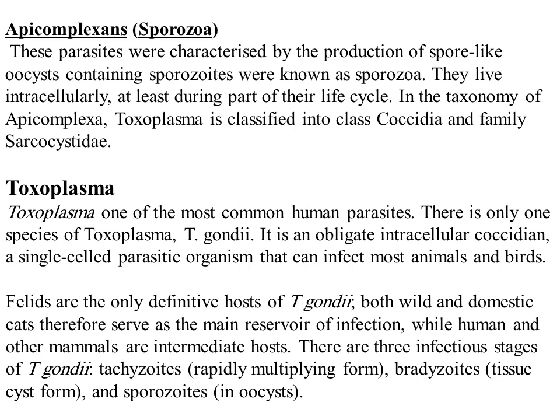There are three infectious stages of Toxoplasma gondii: tachyzoite, the rapidly multiplying form; bradyzoite, the tissue cyst form, found in the tissue; and sporozoite, found in the oocyst. These are the infectious stages of Toxoplasma gondii.